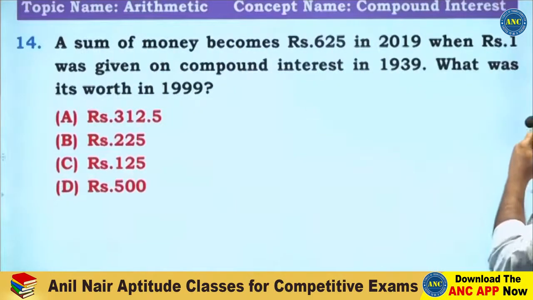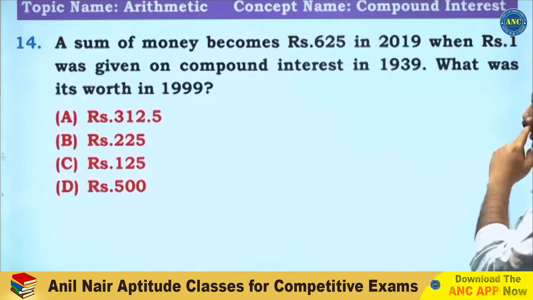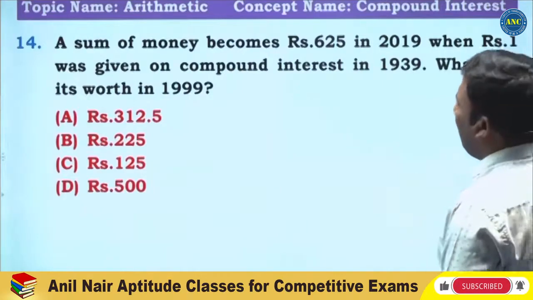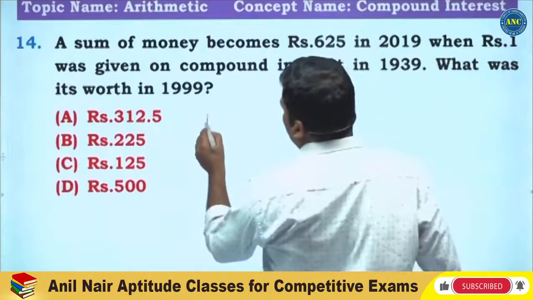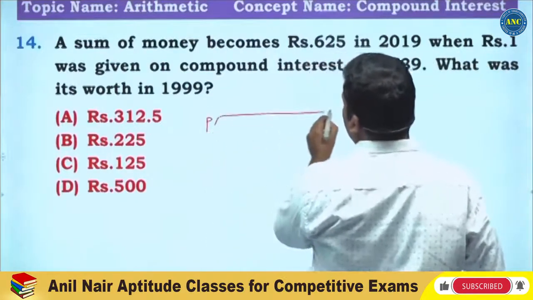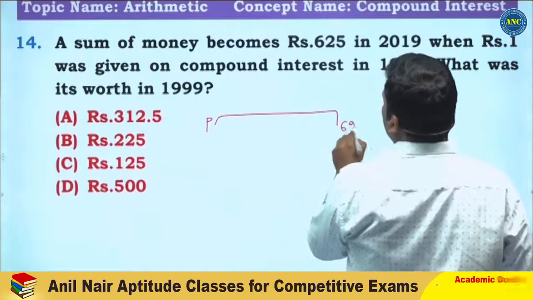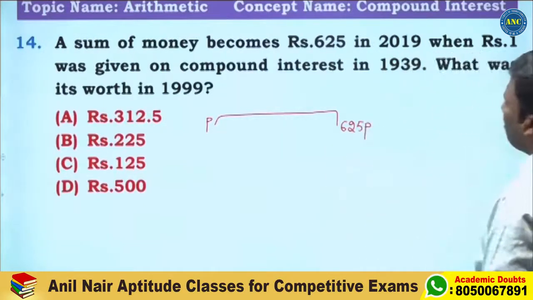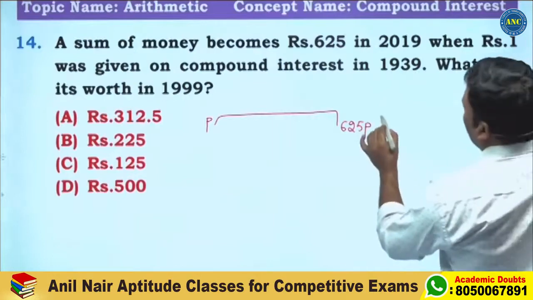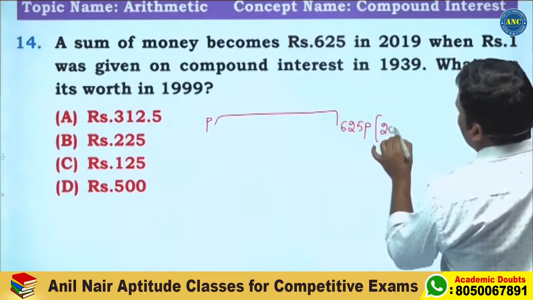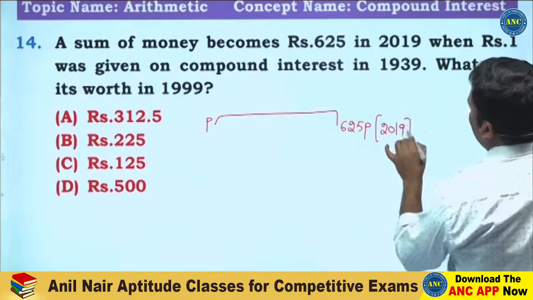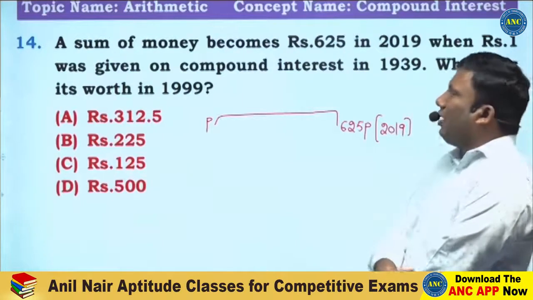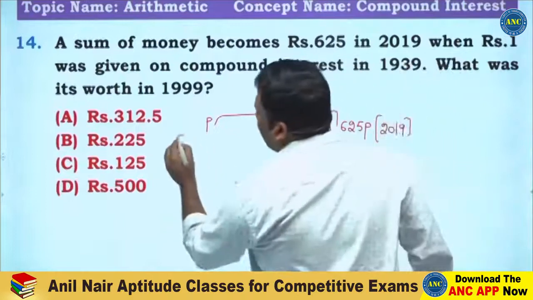This is a doubt asked by a student to me on WhatsApp some 8 months before. Let us see, sir. A certain sum of money, P, is becoming 625 times the principal in 2019, the final amount, when 1 rupee was given on compound interest in 1939.